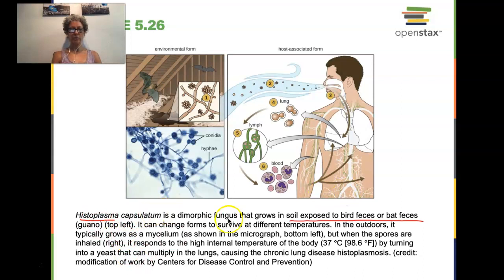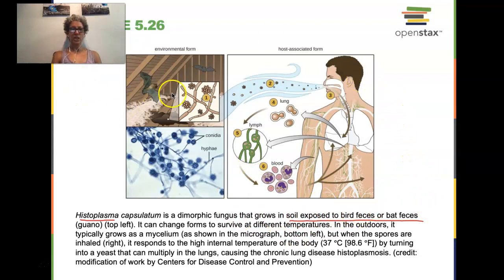Histoplasma capsulatum. Dimorphic fungus means it has two different shapes depending on its life stage. In the lung, it can be these individual cells, but if it gets into the lymphatic system, it forms the hyphae. And this organism is found in soil where there's bird or bat feces.